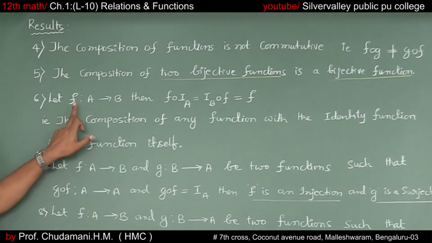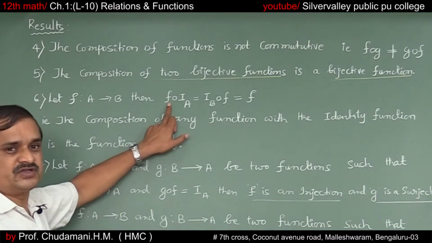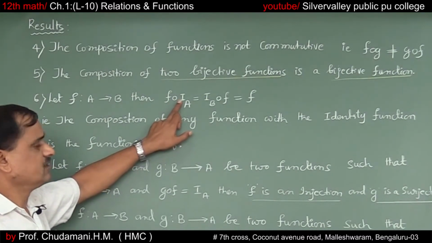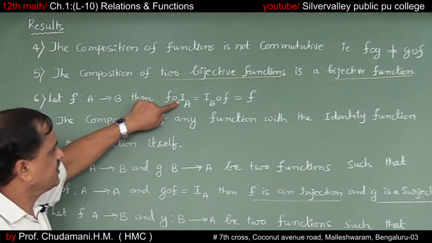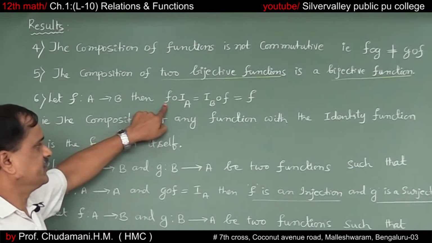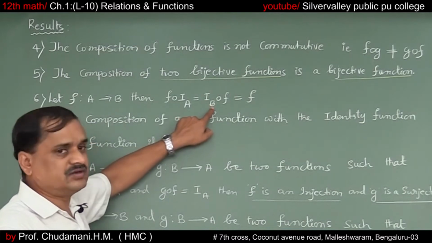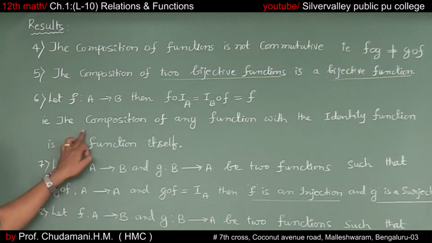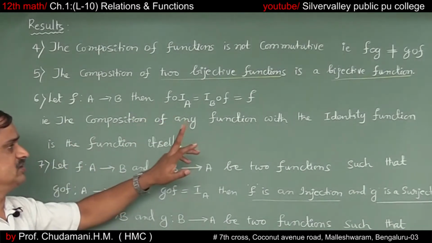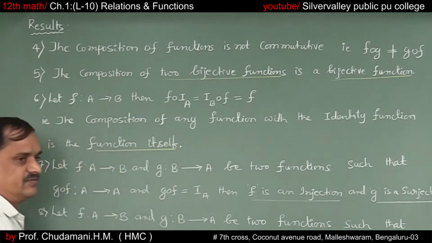Sixth result, let f from A to B, then composition of the function f with an identity function, composition of identity function on the set A, this is read as identity function on the set A with f, is equal to composition of f and identity function on the set B, is always equal to f only. That means composition of any function with identity function is the function itself.